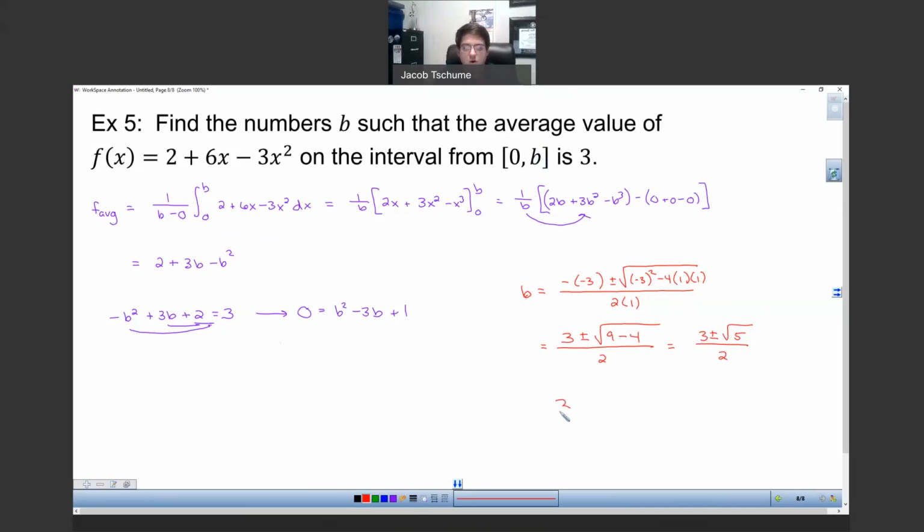Now on your homework, there is no plus or minus button, so you may have to individualize these. So you may have to write them distinctly as 3 plus root 5 over 2, and then your second answer would be 3 minus root 5 over 2. But both of these b values, if you checked, would give you an average value of the original function to be exactly 3.